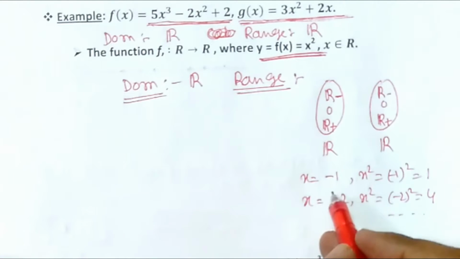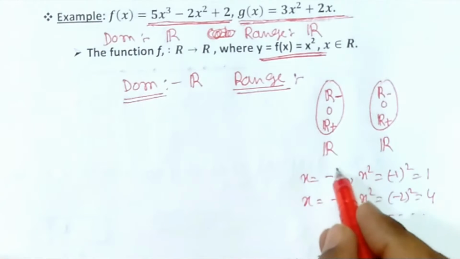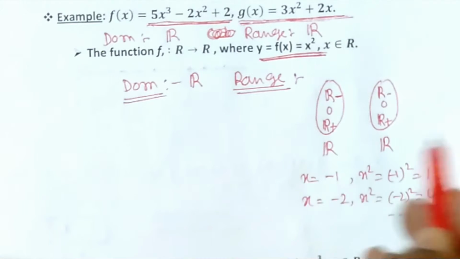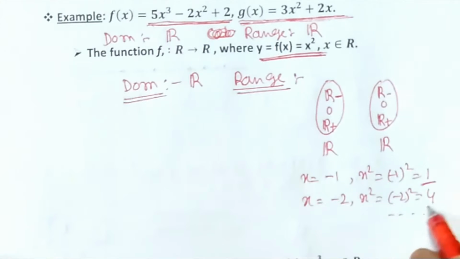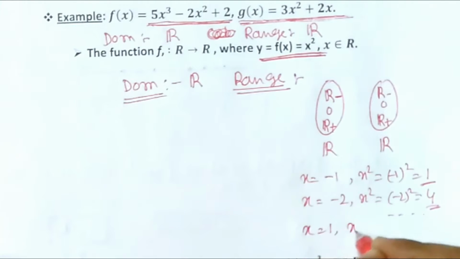So it is clear that all the negative real numbers will map into the positive reals. Now if we take the positive reals, then it will give us positive numbers. And if we take 0, then 0 square is 0.